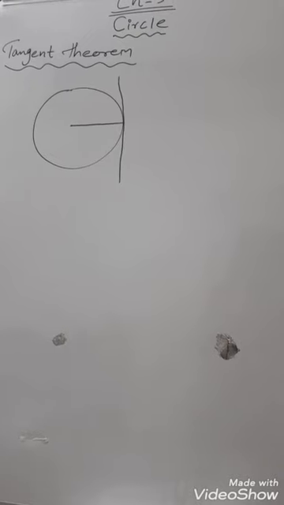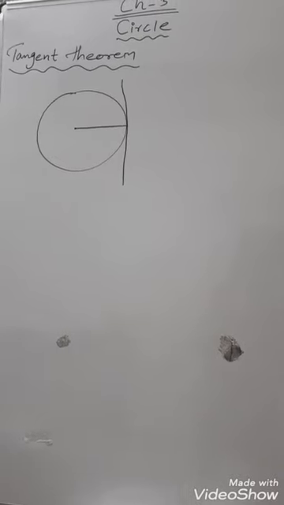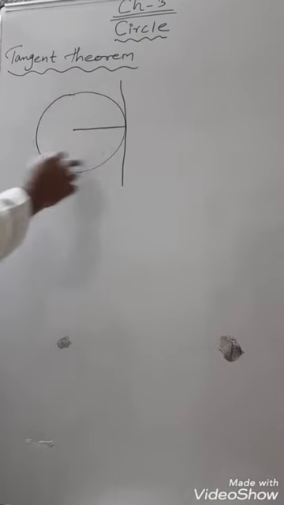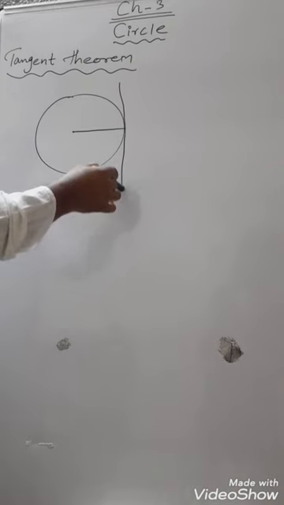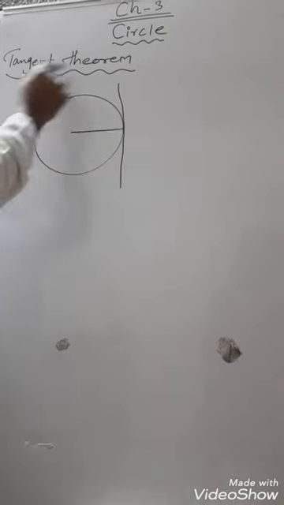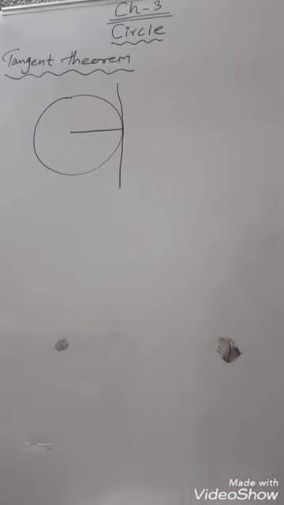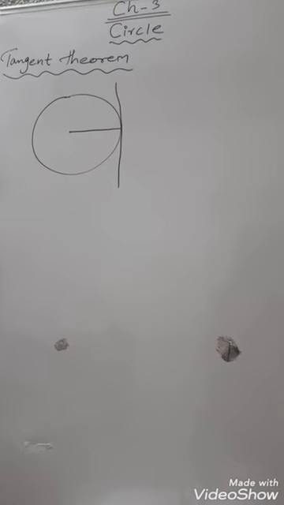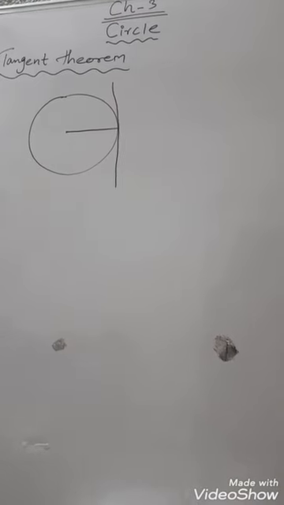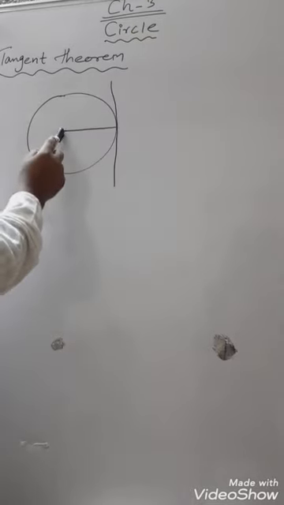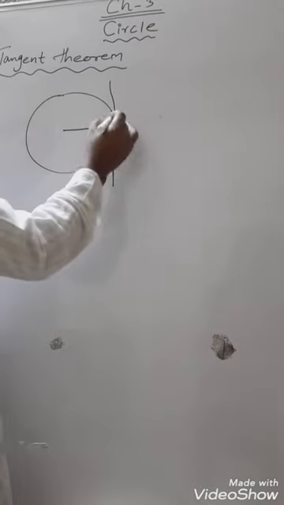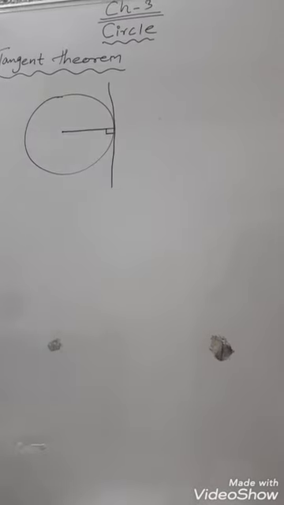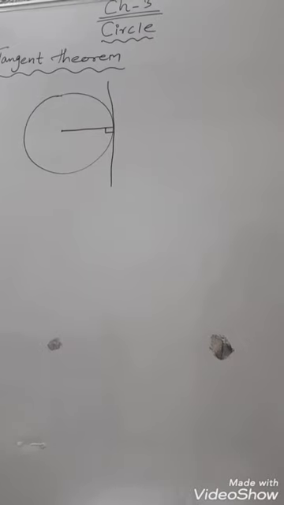Now the next is tangent theorem. As we know, the line drawn in the plane of the circle which touches the circle is known as tangent. This line is known as the tangent. The statement of the tangent theorem is: a tangent at any point of a circle is perpendicular to the radius. It is perpendicular to this radius at the point of contact.